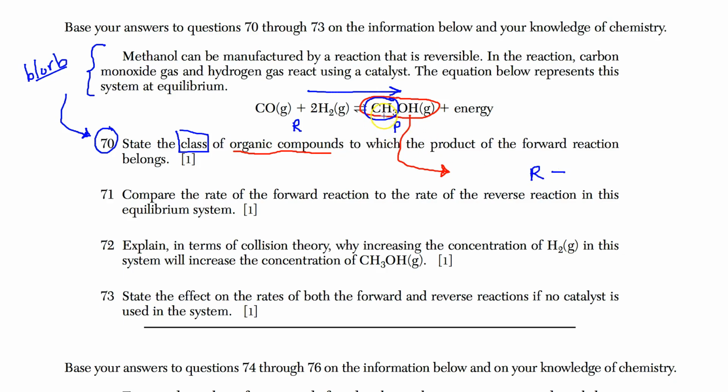Remember, carbon makes it organic. And then we have this OH ending that comes off of it. This is not a base. It's not a hydroxide. It's covalently bonded. And so what is this? Where you have the R, the rest of the organic compound, the OH. If you don't recognize this, we go to table R. Let's do that.